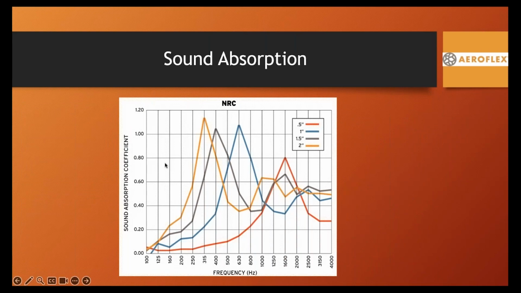So regarding acoustics, in this chart, what acoustic consultants look for is the noise reduction coefficient. And so here you have at the bottom the different octave bands that the installation is tested to, and the higher the better. And you can see for elastomeric, it does very well in the 250 to say 750 range.